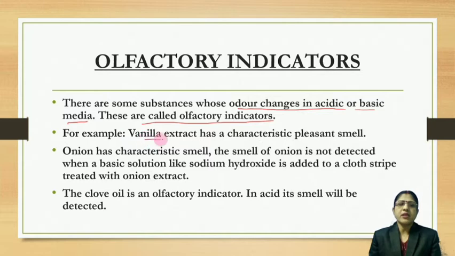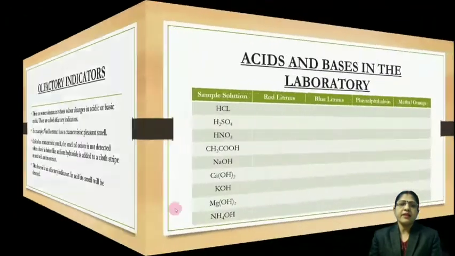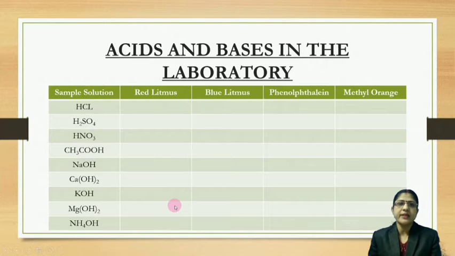For example, vanilla extract has a characteristic pleasant smell, and onion also has a characteristic smell, and the smell of onion is not detected when a basic solution like sodium hydroxide is added to a cloth strip treated with onion extract. Clove oil is also an olfactory indicator; in acid, its smell will be detected. Similarly, garlic and ginger are also olfactory indicators.